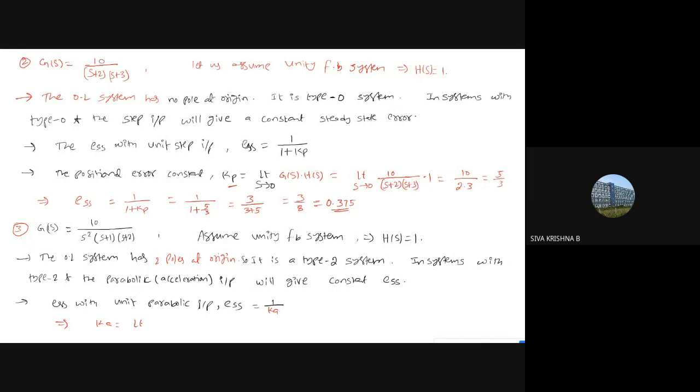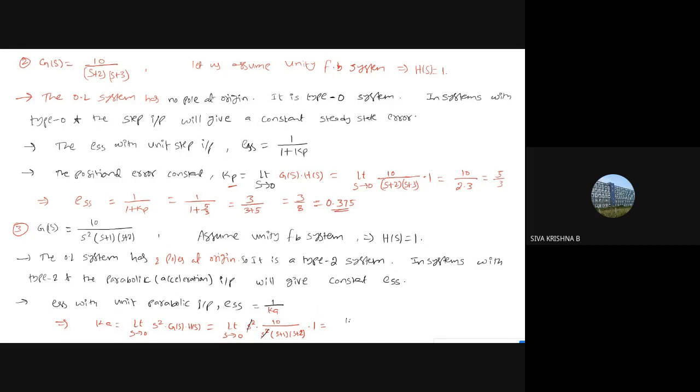That implies Ka equals limit s tends to 0 of s square into G of s into H of s. Yeah, substitute those values and find out the ESS also. H of s is 1, right? So these two s square terms get cancelled.